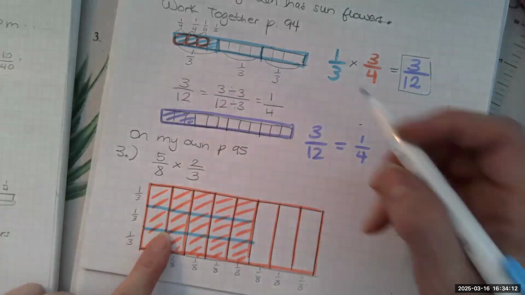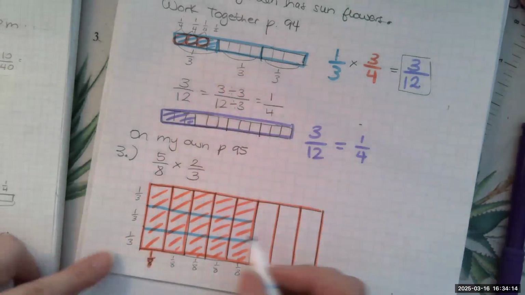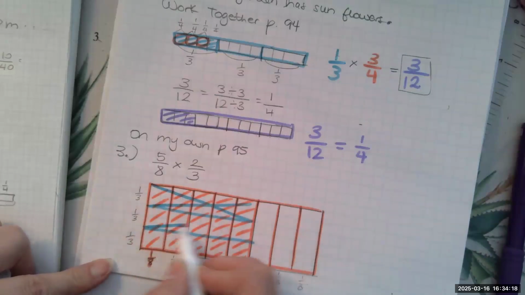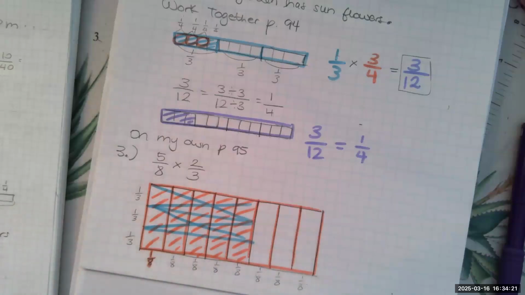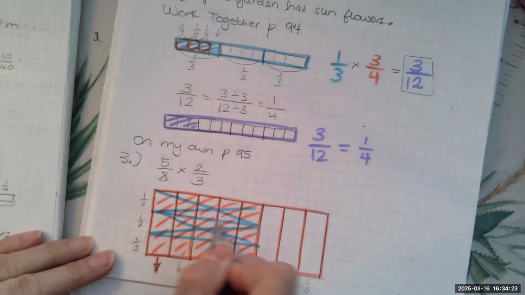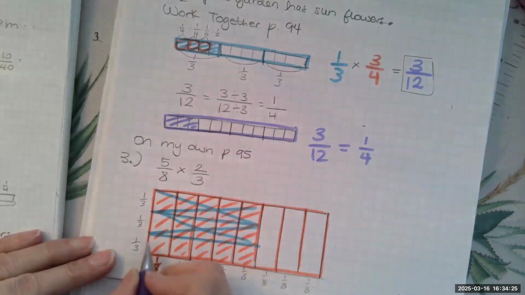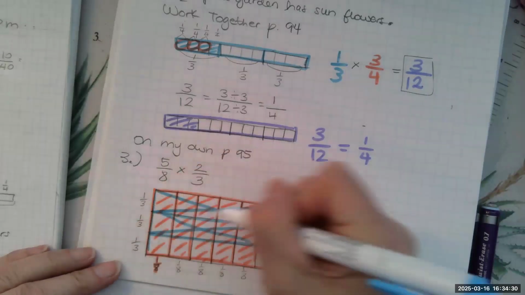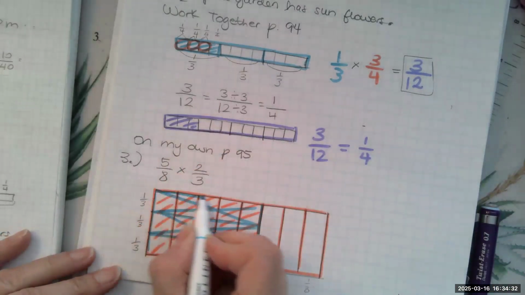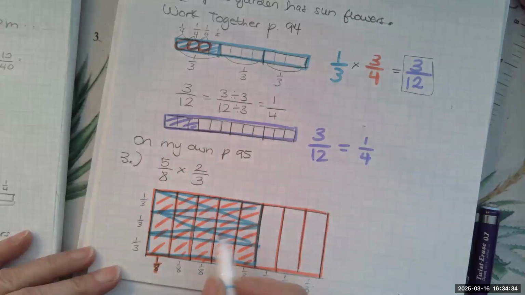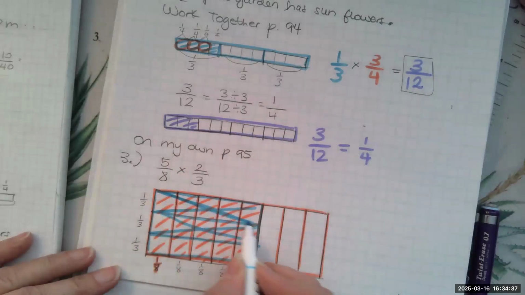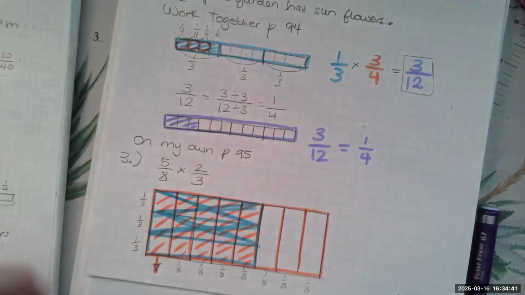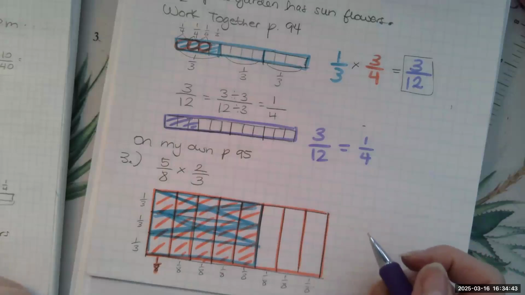I'm going to take 2 of those. So that would be 1 and 2 parts. Make sense? Because of the whole, I'm taking this and this. So then I need to find what the result is.